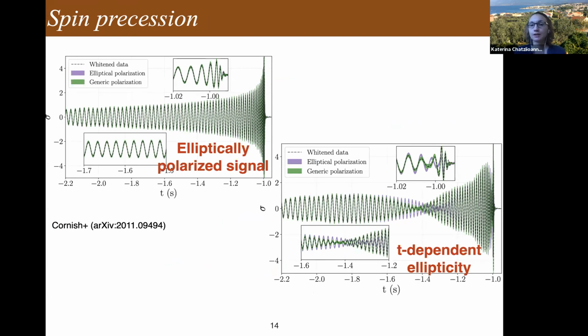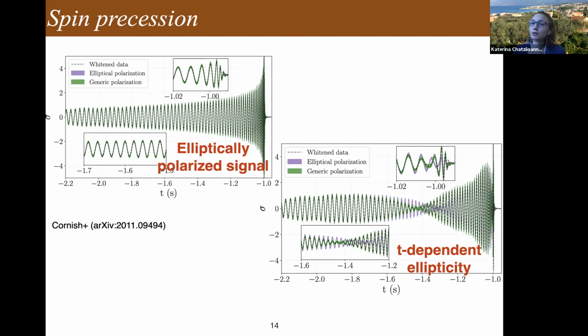If you assume that it's elliptically polarized, you're not going to extract it very well. You're going to bias your parameters, but you can extract it much better by allowing it to have a more generic polarization. And most interestingly, if we see a signal like that, we can start putting some constraints on its polarizations, what the polarization state is.